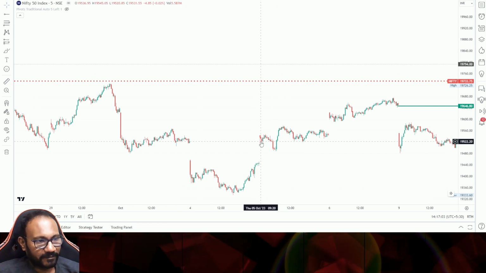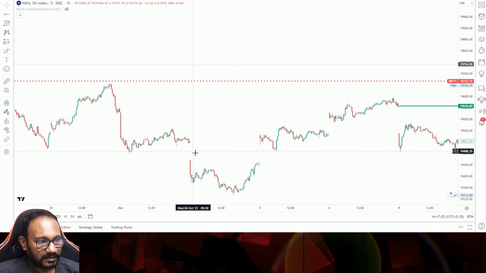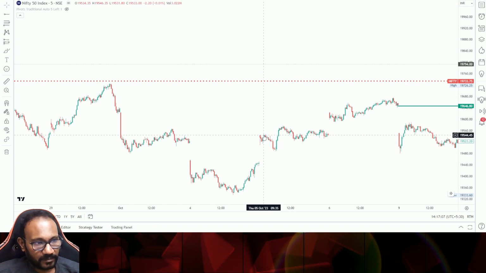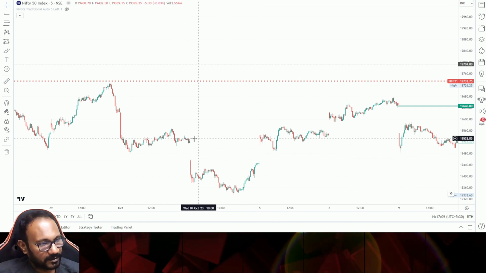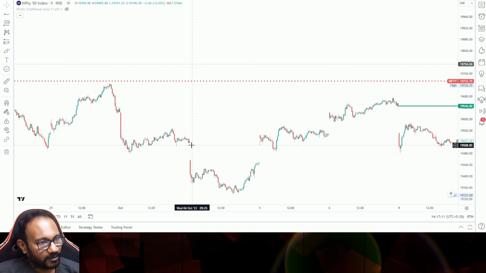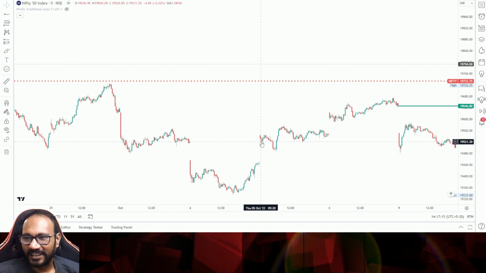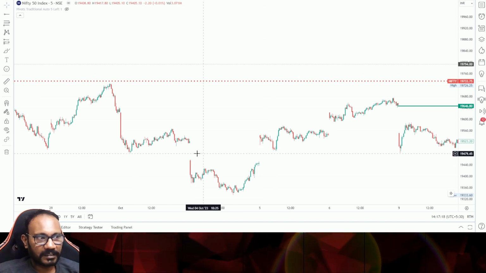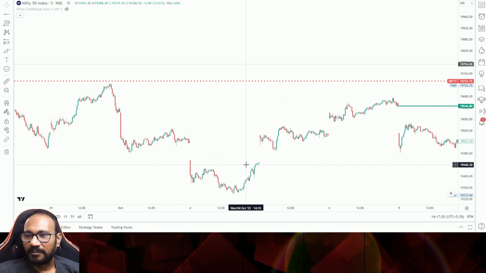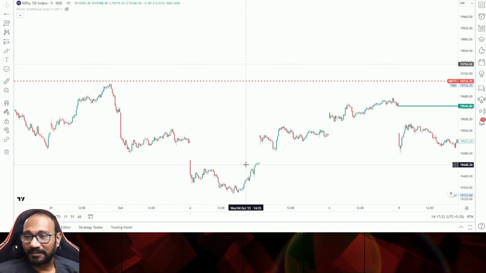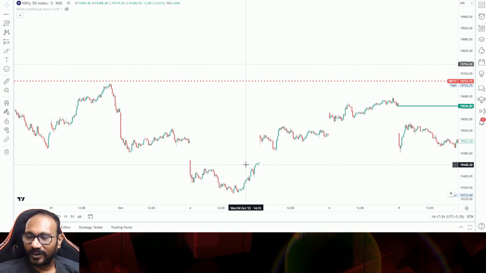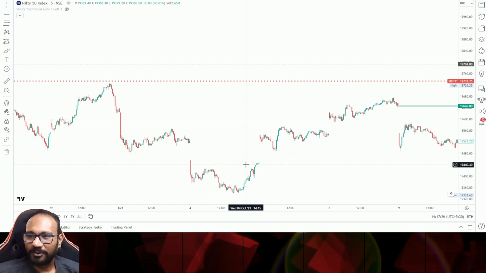The market never went back again to these levels, but next day they just came back. So what happened is, here is one gap that was formed, and the same gap was closed by another gap up, right?